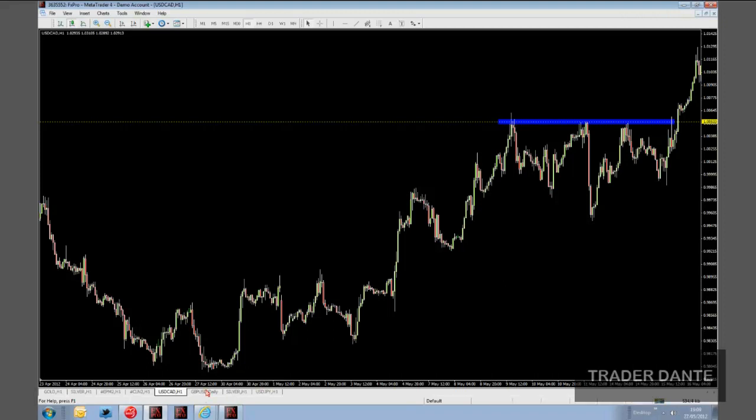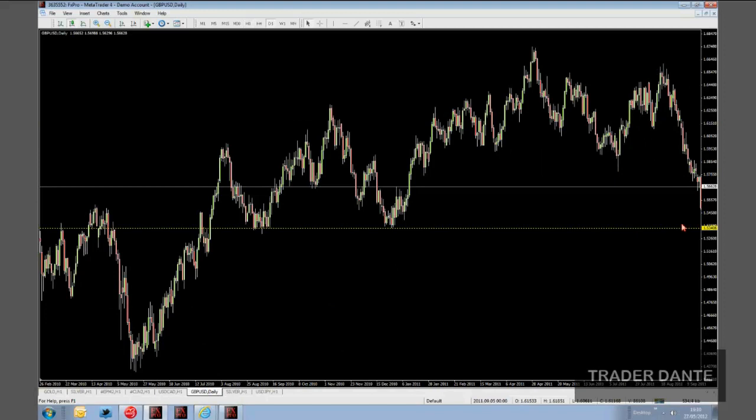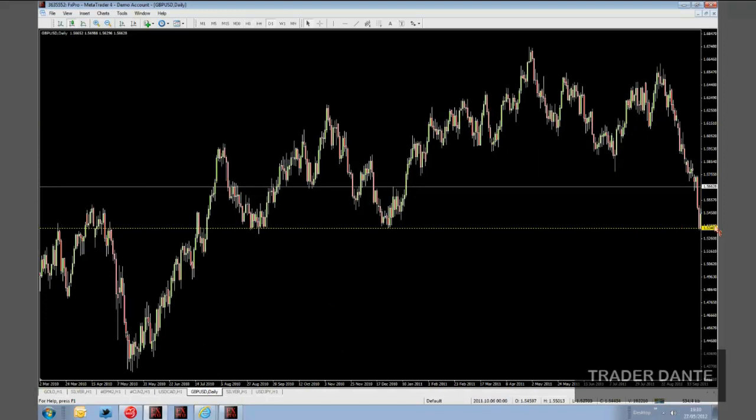Now let me explain briefly the reasoning behind the two different approaches. Because you could just say, well, if you've got a level that was support last, why not buy it? Well, what I found is that levels that are structurally significant support, everyone realizes that these are structurally significant support. So a lot of the traders that have been taught basic support resistance will tend to buy these.